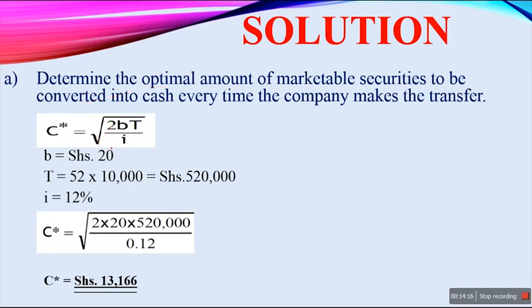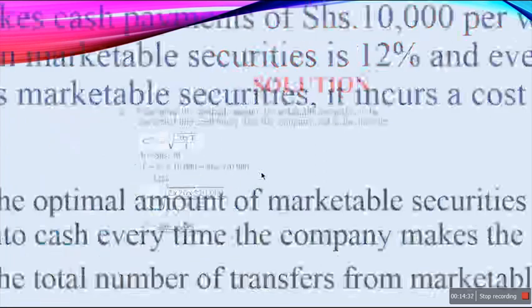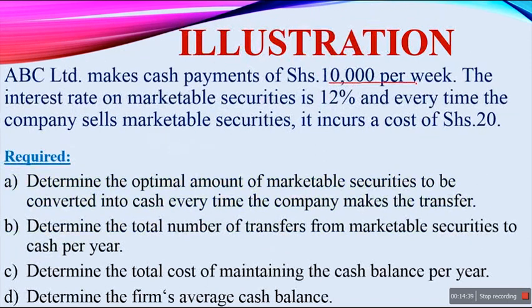So from our illustration, we have identified that B, being the fixed costs, they incur 20 shillings every time they sell some securities. That is the fixed cost. Then the total cash requirements in a year. So this organization, from the illustration, they require 10,000 shillings in a week.